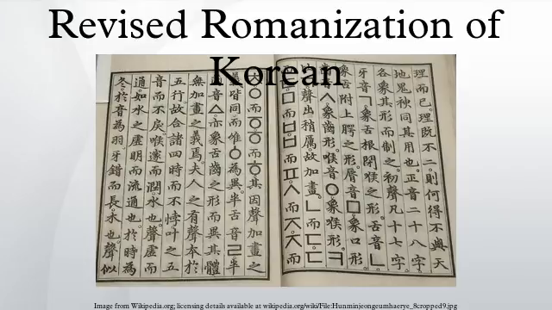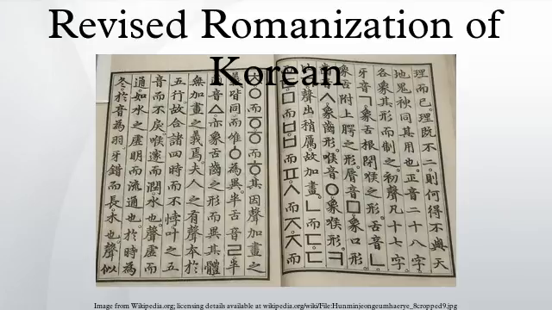One may omit terms such as gun and eup, for example Pyeongchang-gun or Pyeongchang, Pyeongchang-eup or Pyeongchang. However, names for geographic features and artificial structures are not hyphenated, for example Seoraksan, Haeinsa. Capitalize proper nouns.